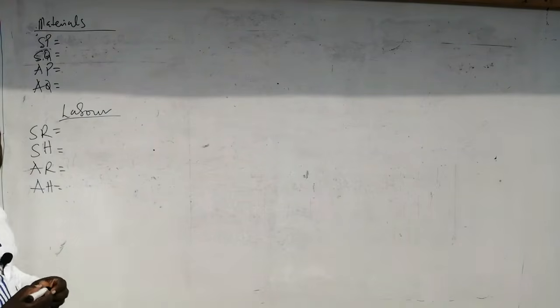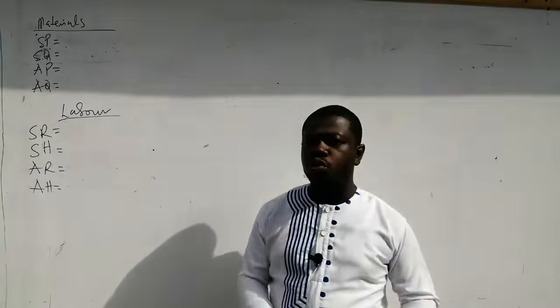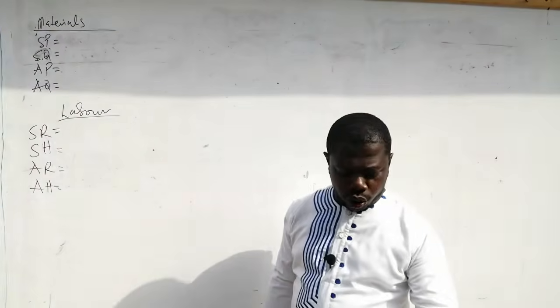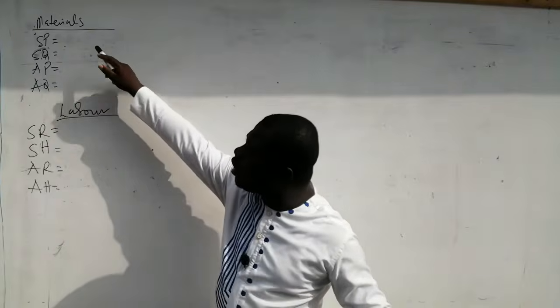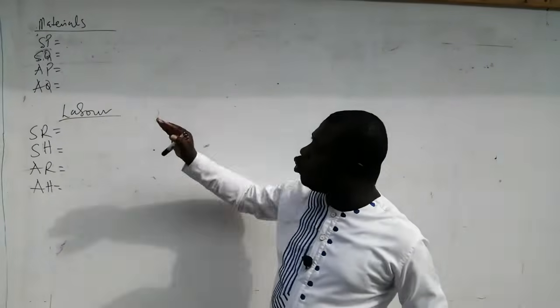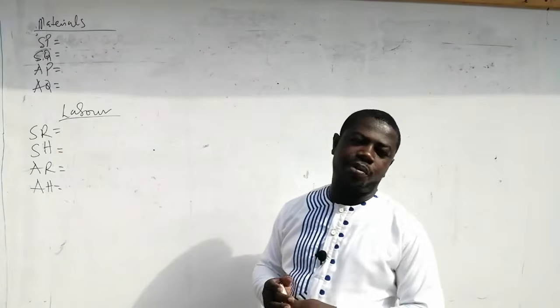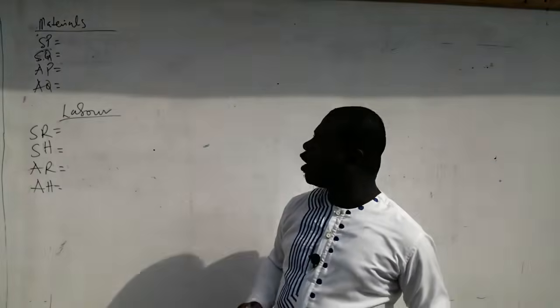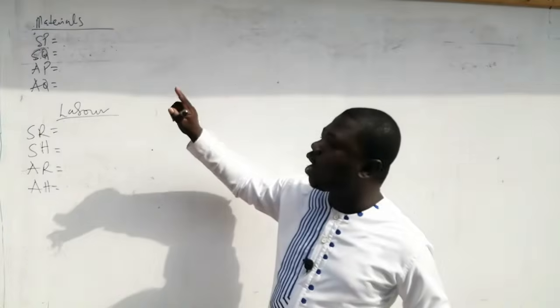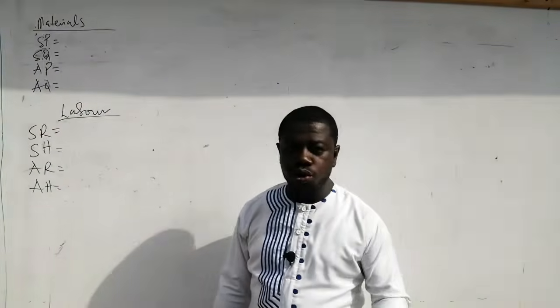It is always important that you do an outline like this before you start your solution, and then you go into the question. Make sure you've been able to identify all these elements from the question. If you're able to identify all of them, the rest is just formula work and it's very easy to do. The difficulty is to identify each of these things, and that is what we are going to do now.